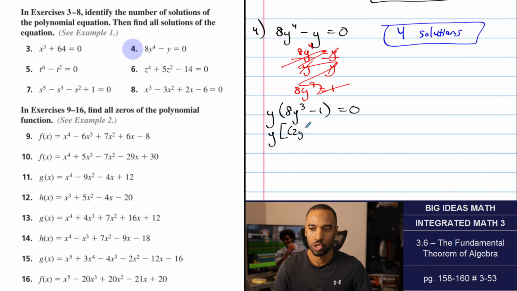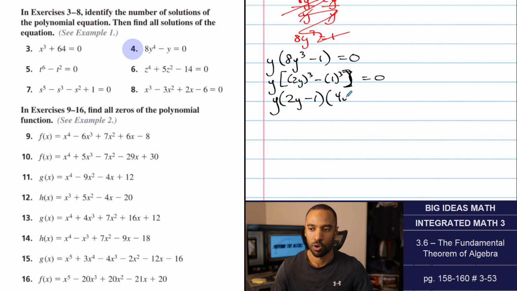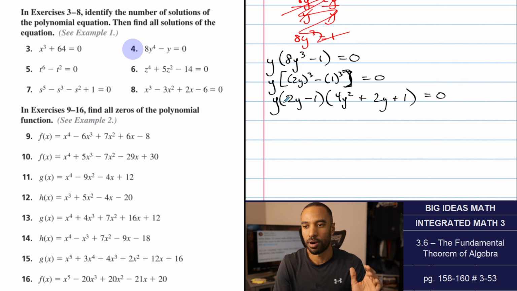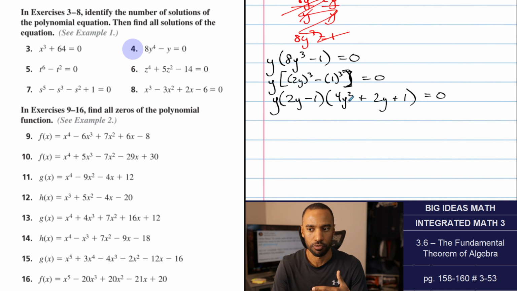This is 2y cubed minus 1 cubed, which, in terms of a cubed minus b cubed, factors into a minus b times a squared plus ab plus b squared. Squaring 2y is 4y squared, plus 2y times 1, plus 1 squared. So this is our factored form of this original problem.